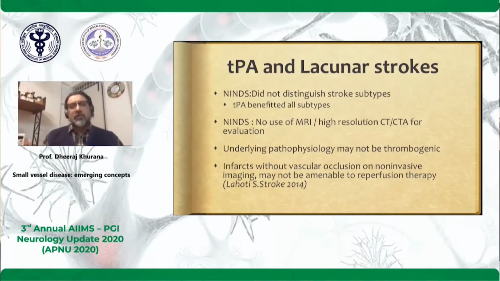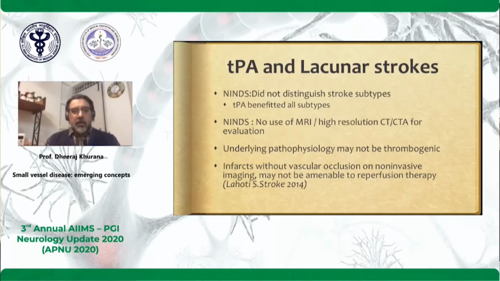In fact, many times I've been asked this question by residents and physicians alike, why are we treating strokes which don't have a vascular occlusion, which is a lacune, for example. So that always stayed a big question: if there's no clot, what are you opening?